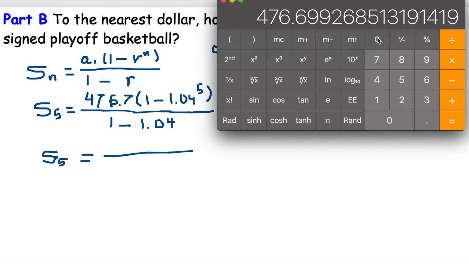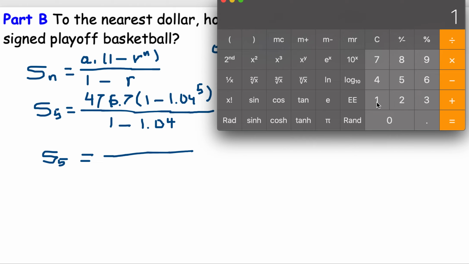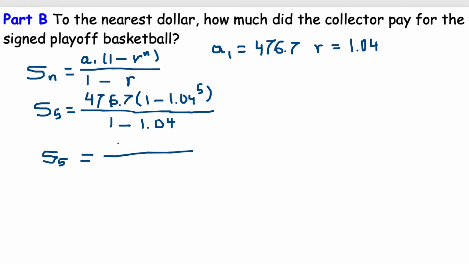First of all, I take 1.04 in exponent 5, and I get 1.21, minus 1 inside the parentheses, and I get a negative value. Now I multiply this number by 476.7, and I get negative 103.